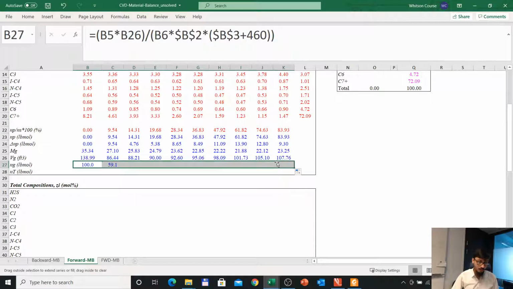Initially you should have 100 moles and then 7.4 moles remaining for the gas phase. Okay.